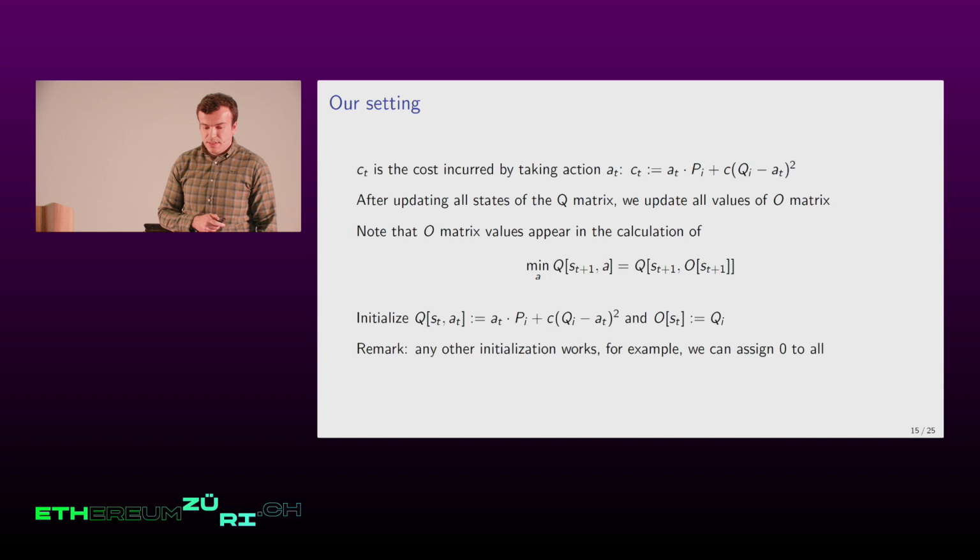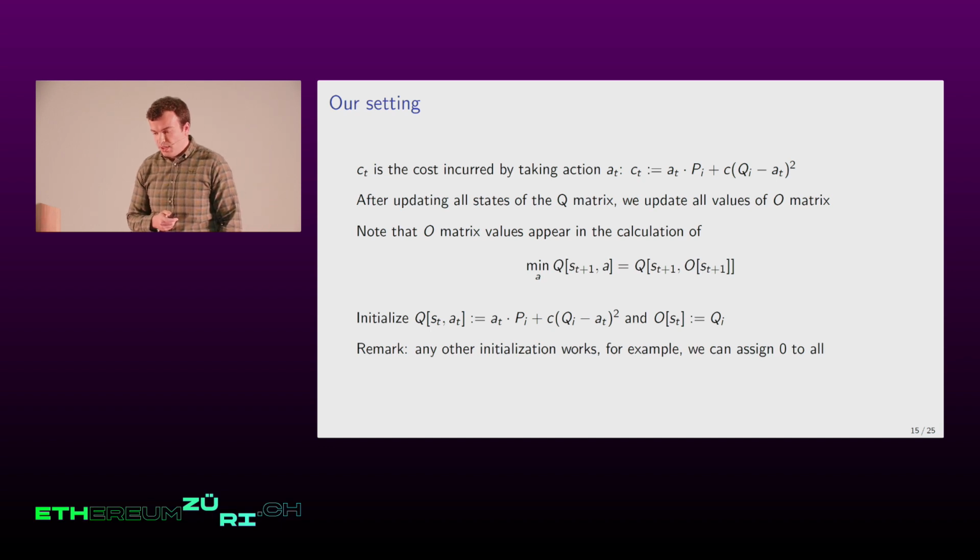And to find this action A that is minimizing the cost in the future, we take the O vector element because we know that O is optimal. And then we reassign values of O once we iterate and update values of the Q new matrix.